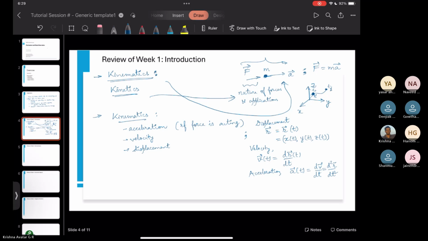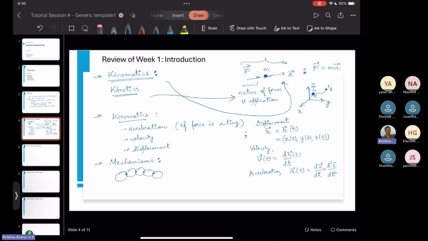And so next, now we'll talk about something called mechanisms. A mechanism is essentially just a connection between different rigid bodies. So they are connected in some manner.